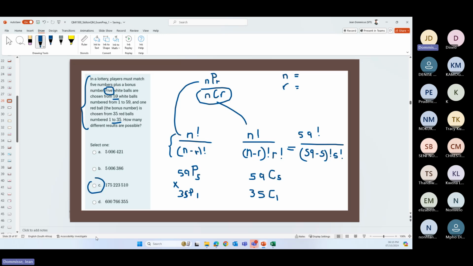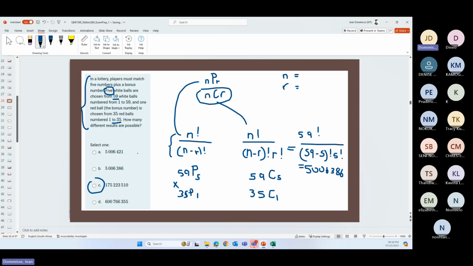So on my calculator, we need to go to 59 nCr, so it will be 59 nCr, and then I would put in the 5 as the r, and then I will get 5,006,386.